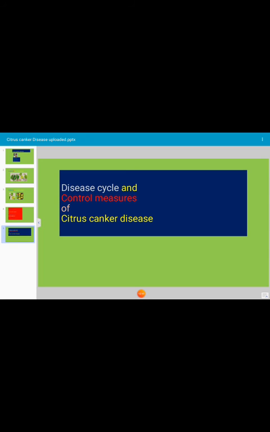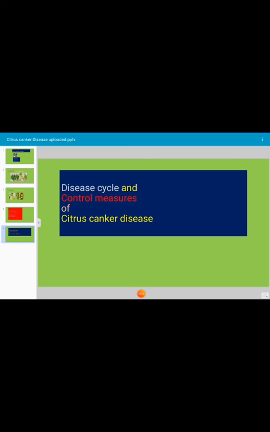The next method for the management of the disease is pruning. The infected trees may be treated by removing the diseased foliage and branches with pruning scissors, and then spraying the trees with 1% Bordeaux mixture at regular intervals. We can manage the disease this way.